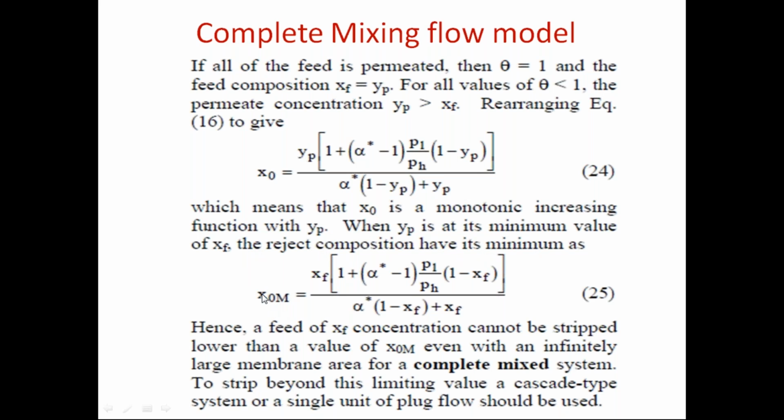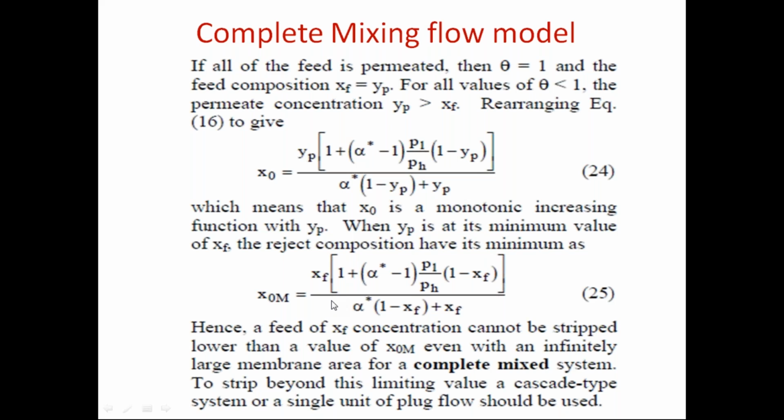So this is the XOM, the minimum possible reject concentration in the operation, which can be calculated. How do you calculate that? XOM is equal to, by replacing the YP with XF, you can calculate. So now you know all the values, so you can calculate XOM.